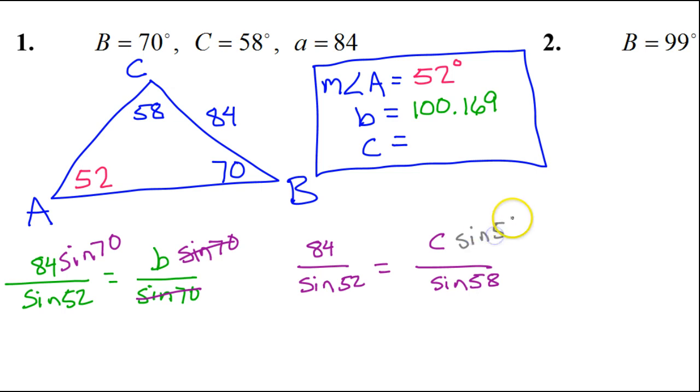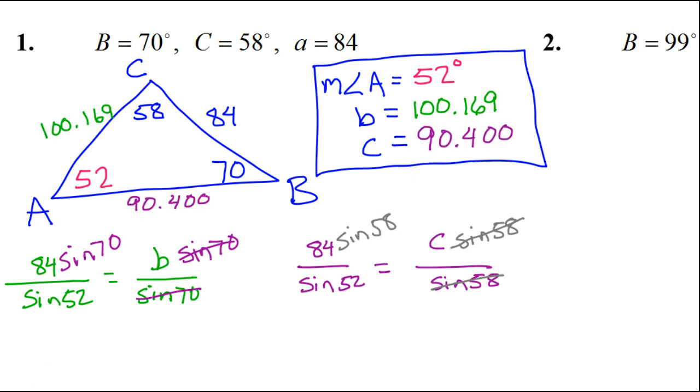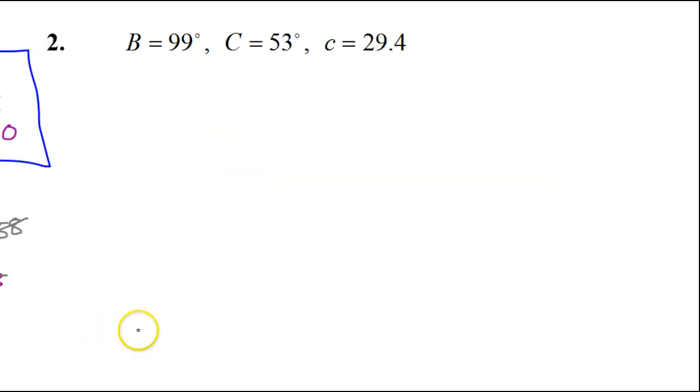I will multiply both sides by sine 58, because that will get C by itself. So go ahead and put this entire expression in your calculator, and that should give you side C. I'm getting 90.400 for that. So there we have solved triangle number 1.